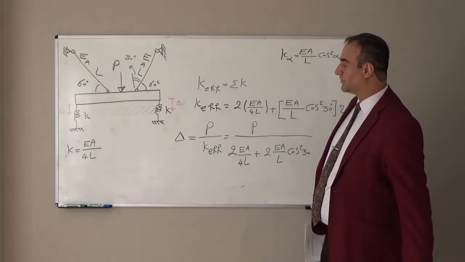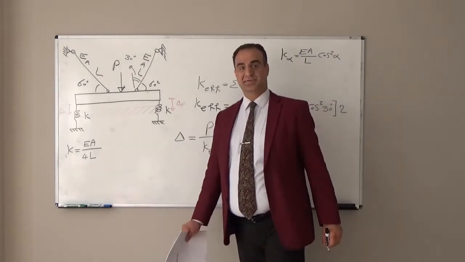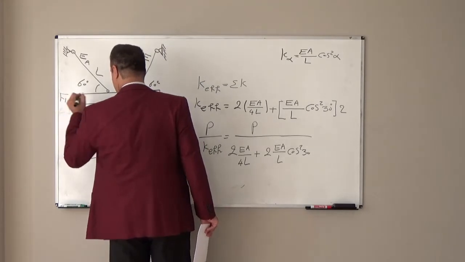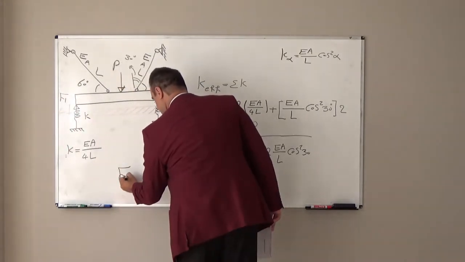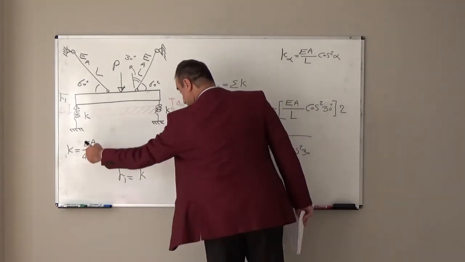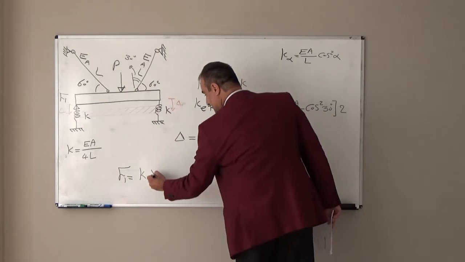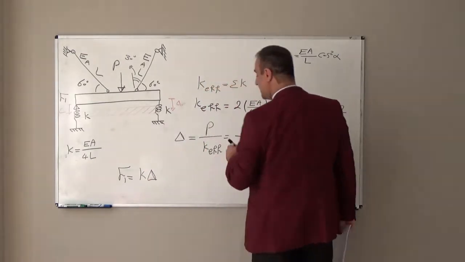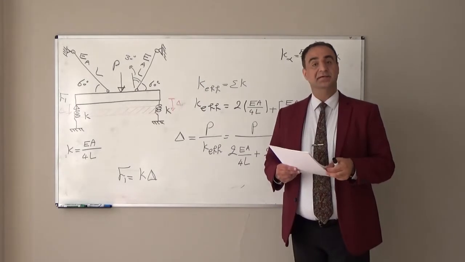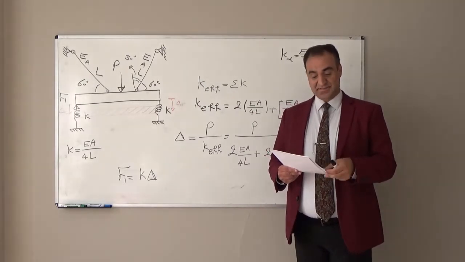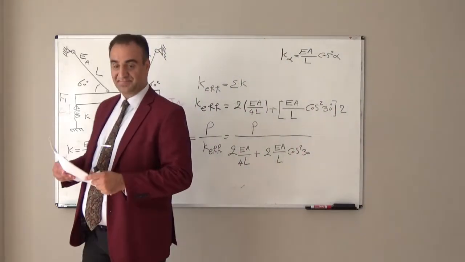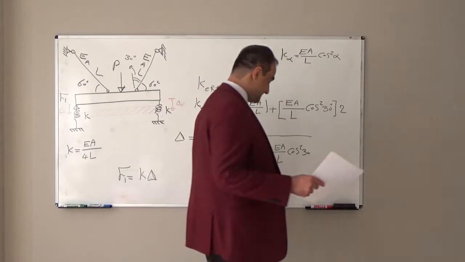Now, if we want to find the force in this spring, I call the force in this spring, for example, F1. F1 will be equal to the stiffness of that spring, which is K, times deformation delta. I have K, I have delta, I can find F1. This is again the stiffness method. You see, using the stiffness method, I can solve this problem very fast. Let's look at another problem.